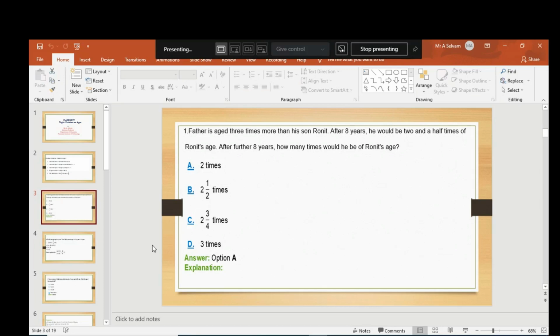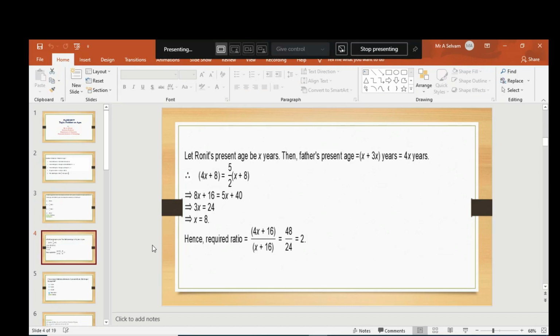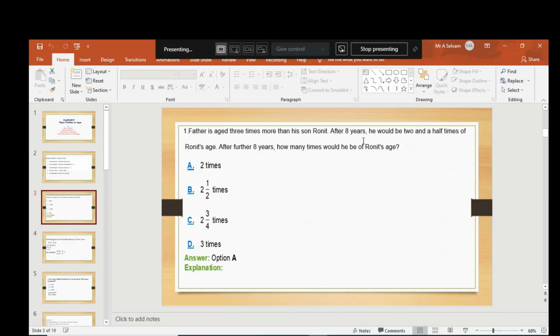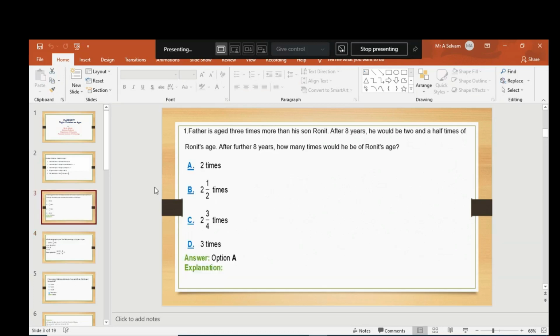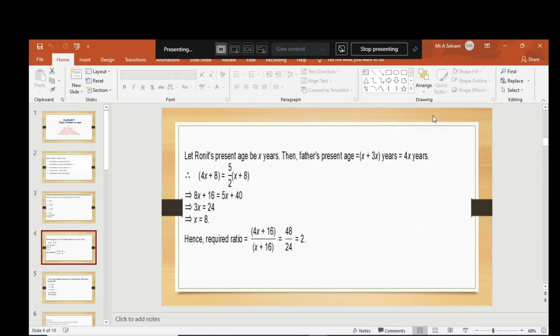Now we move on to the solution side. Let Ronit's present age be x years, since we don't know it. Then the father's present age is 3 times more than his son, so x plus 3x equals 4x.